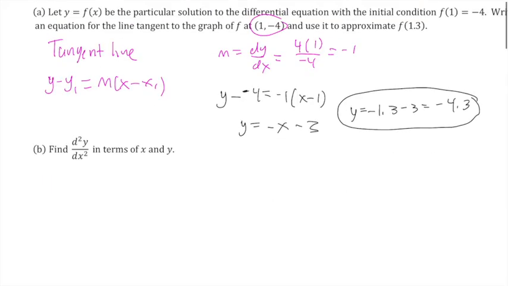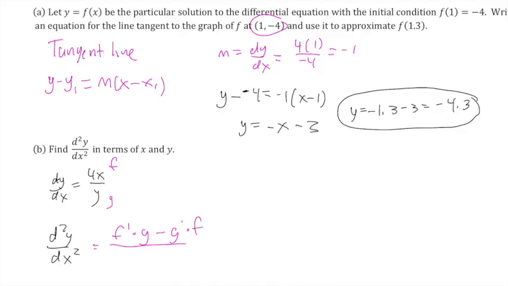Okay, part B says find the second derivative. So for the second derivative, we're going to use the chain rule. Not the chain rule, the quotient rule. So this is going to be f prime times g minus g prime times f, all over g squared.